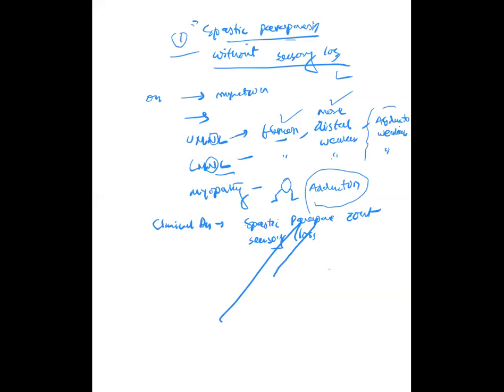Coordination of this gentleman cannot be assessed properly due to weakness. Sensory system examination reveals all modalities of sensation are intact. So my clinical diagnosis: this is a case of spastic paraparesis without any sensory loss.